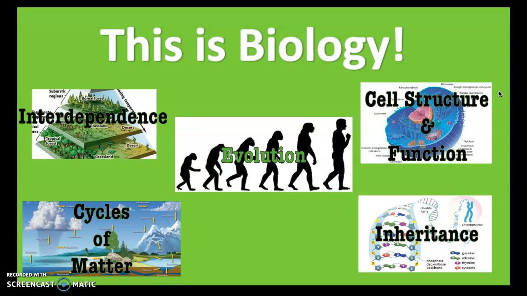We will study the work of Charles Darwin and his idea of natural selection and how natural selection leads to changes in different types of organisms, leading to a process called speciation, or the development of a new species or organism. These are the 5 main things that we will be studying throughout the year.